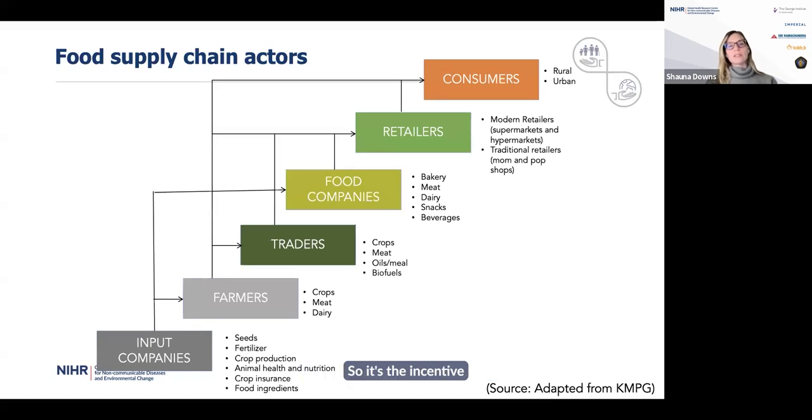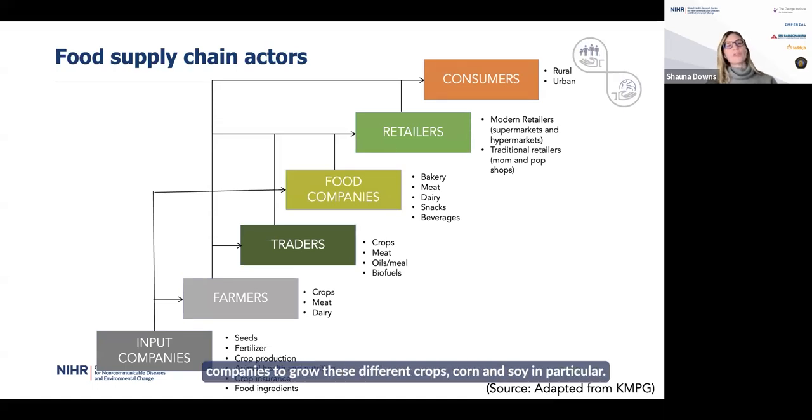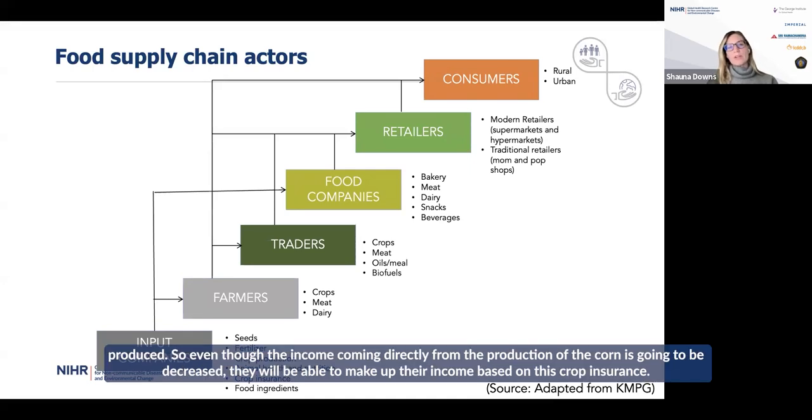So the incentive for companies to grow these different crops, corn and soy in particular, is that if there's, for example, a climate event and say there's a drought and they don't produce as much corn as they anticipated, they are insured by the government to make sure that they still end up making money, even if they don't produce as much corn as they would have produced. So even though the income coming directly from the production of the corn is going to be decreased, they will be able to make up their income based on this crop insurance.